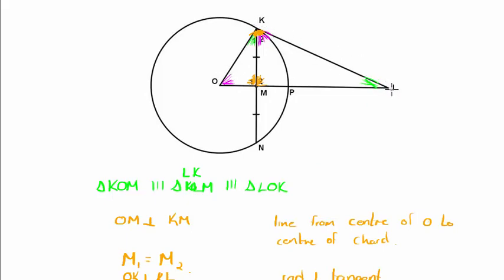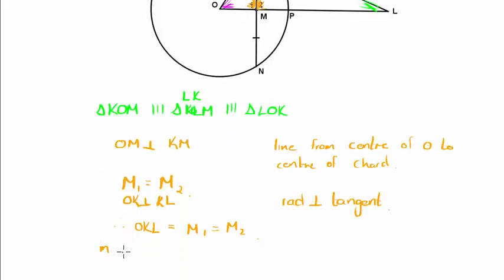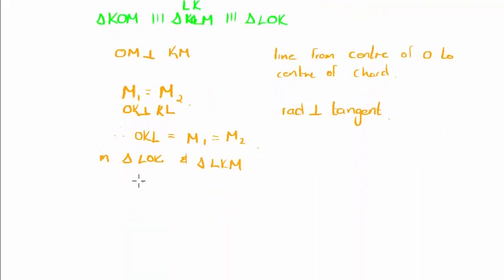in LOK and LKM we already have a common angle, which means in triangle LOK and triangle LKM we've already shown that, and we also know that L is equal to L. Therefore it follows that now I've got 2.